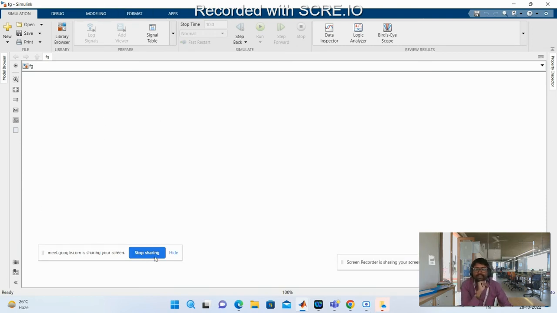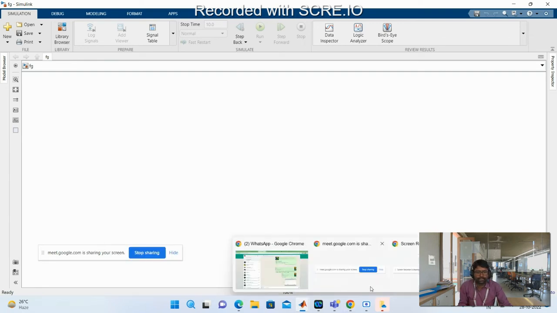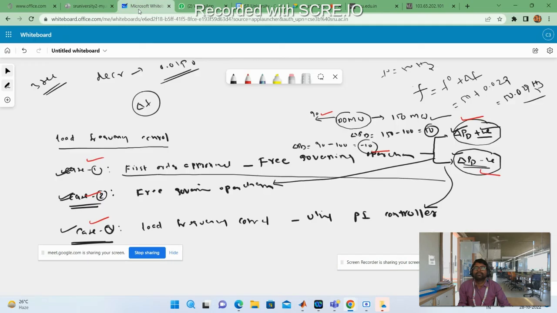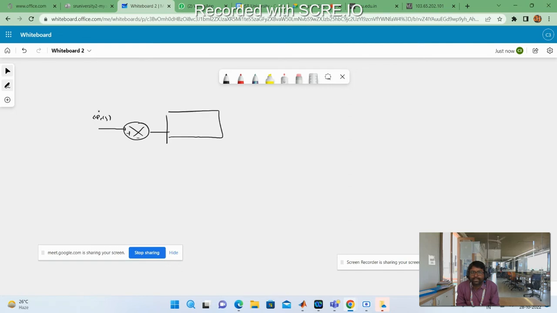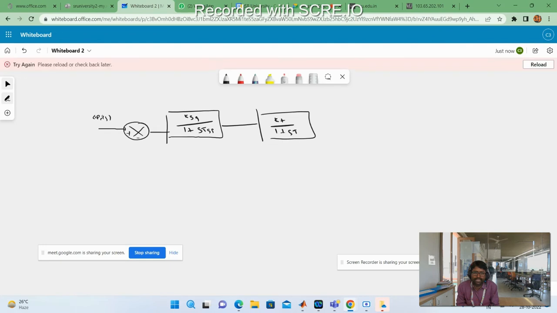Okay, FG. Now I'm trying to explain free governing operation. Later we will go to the simulation. Now, your power system block: it is the delta PC of S with plus and minus, then KSG divided by 1 plus STSG, the speed governor, and KT divided by 1 plus STT.